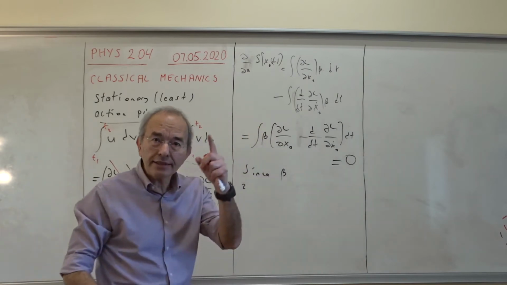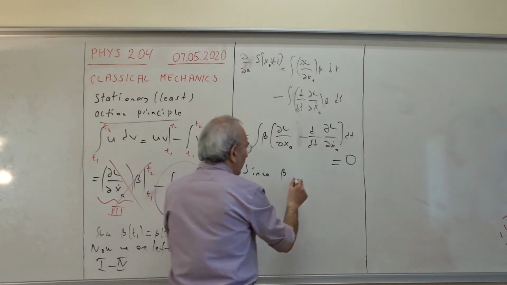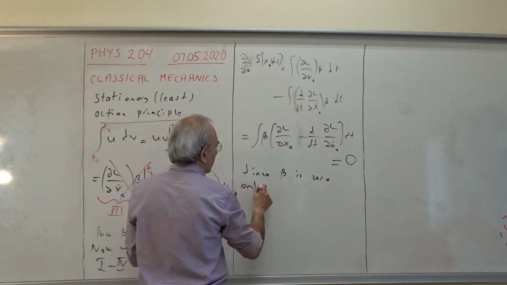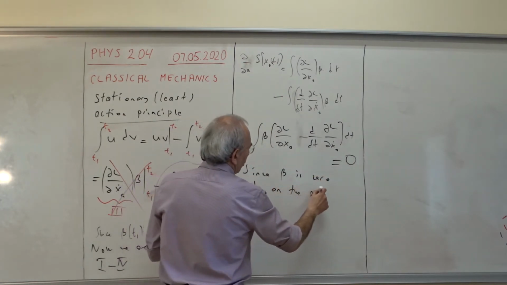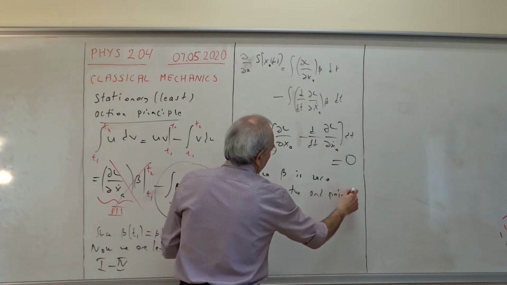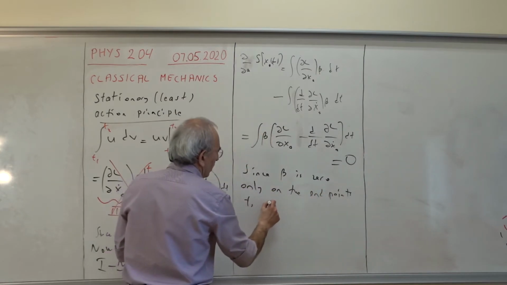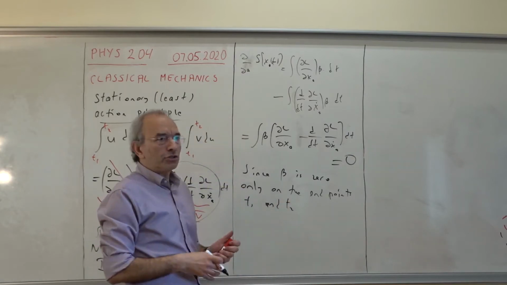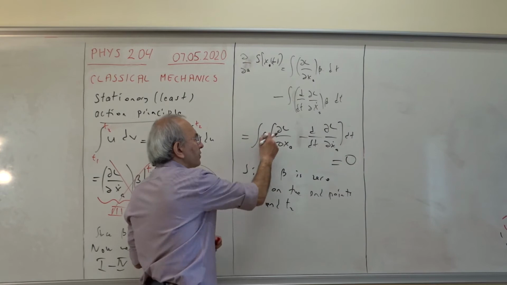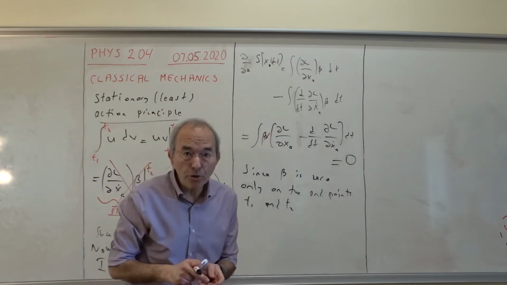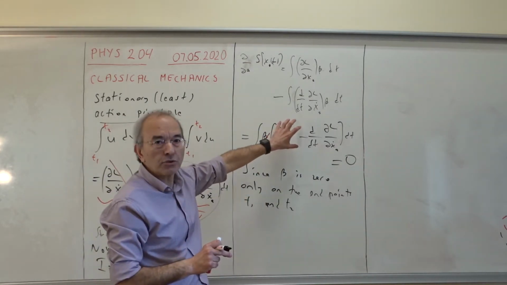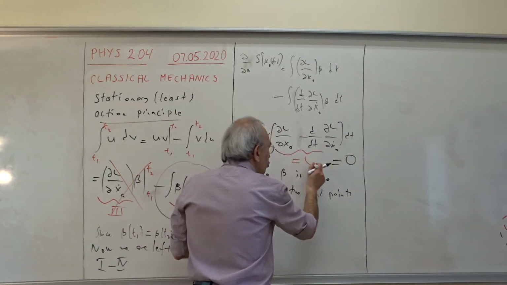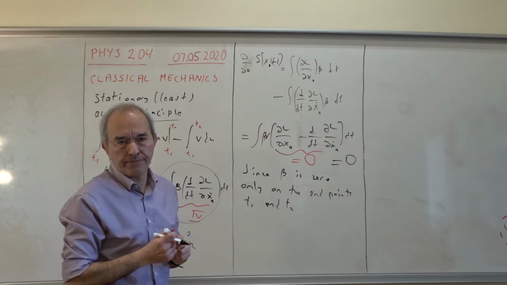It is 0 only at the endpoints t1 and t2, so in general it is not 0. So we can neglect this beta. The only possibility for this integral to be 0 is that this quantity inside should be equal to 0.